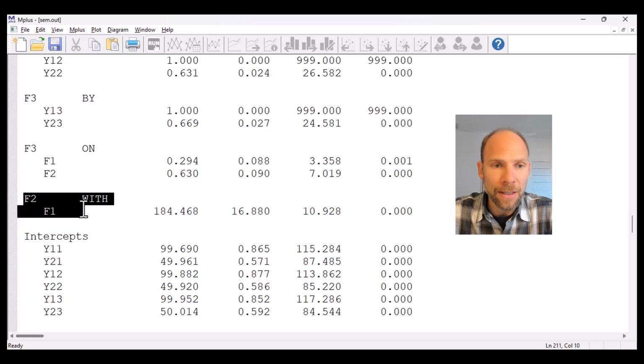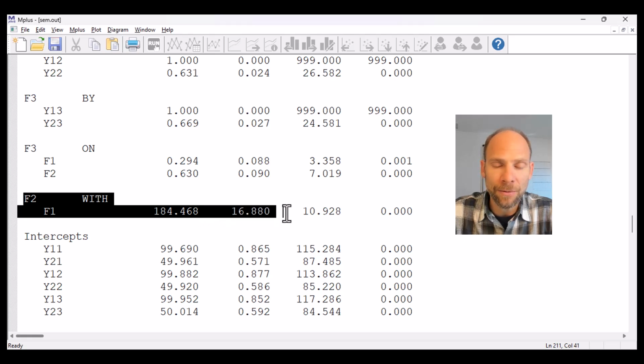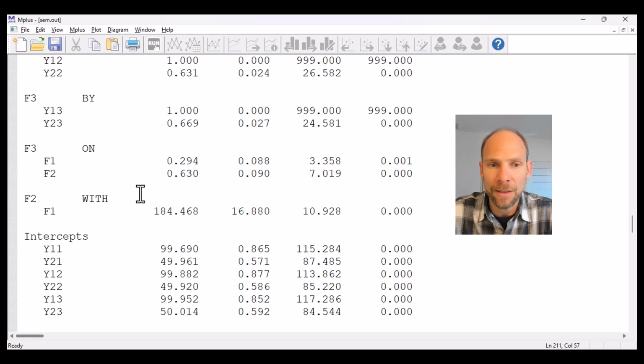After that, we can see that there is a covariance between F2 and F1. So income here would be correlated with relationship satisfaction. In this example, you can see that covariance is positive and it is statistically significant, meaning that the higher the income, the higher the relationship satisfaction on average.